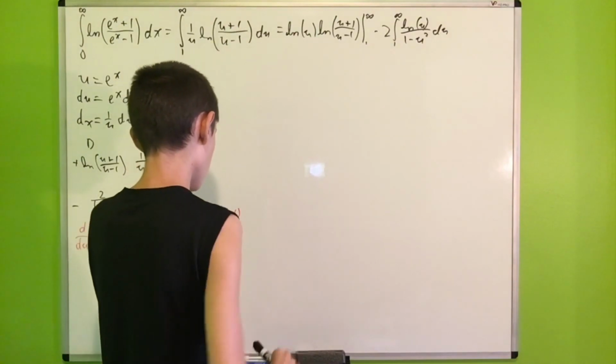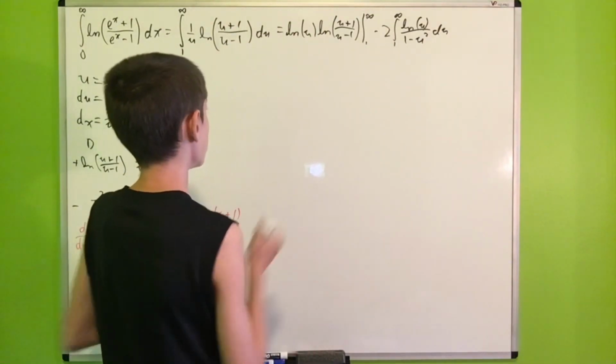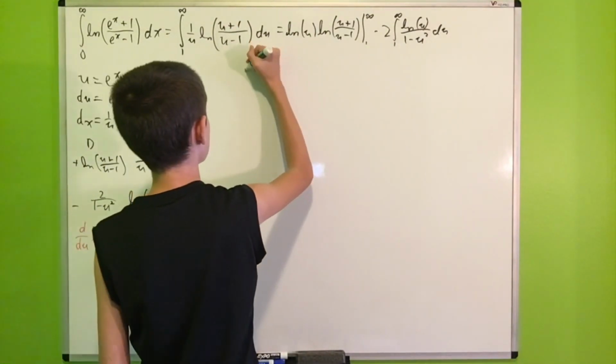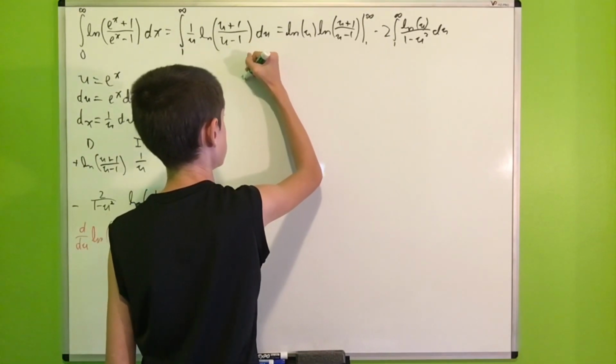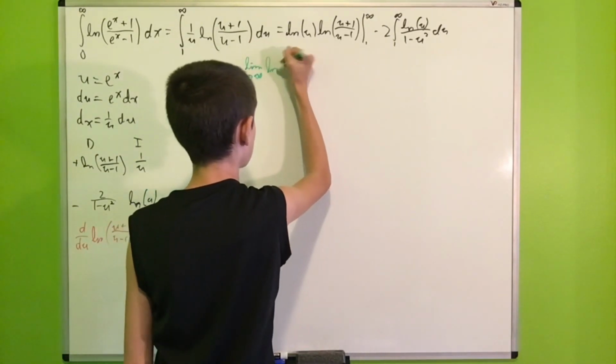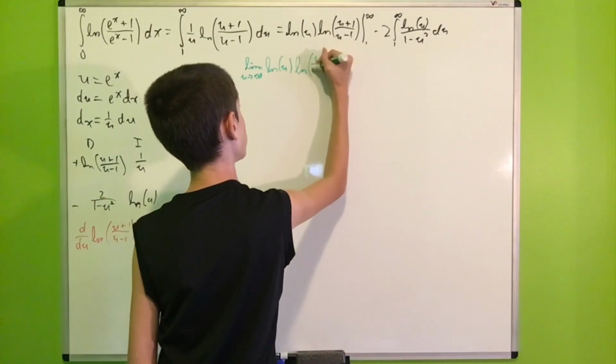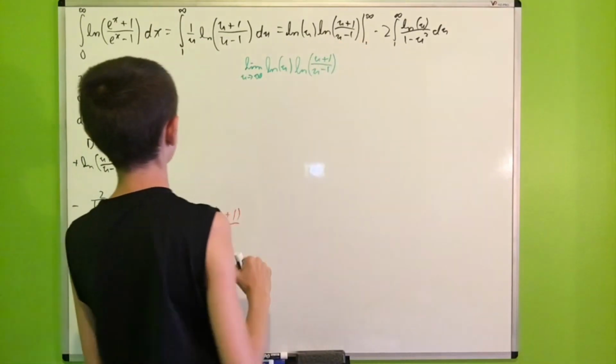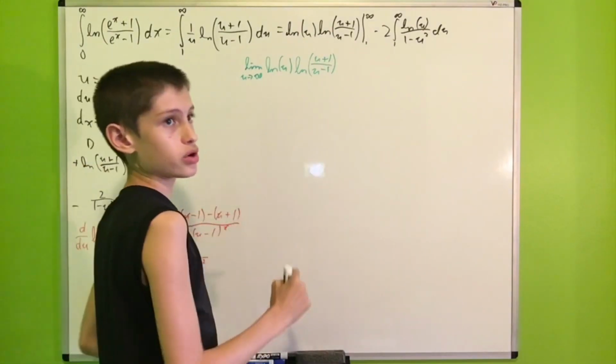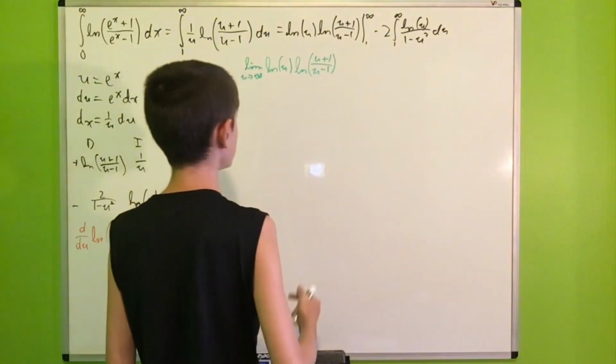which means evaluating this will be a job for limits. So we will have the limit as u goes to infinity of natural log of u times the natural log of (u plus 1) over (u minus 1). And now, as we said earlier, this is an infinity times 0 situation.